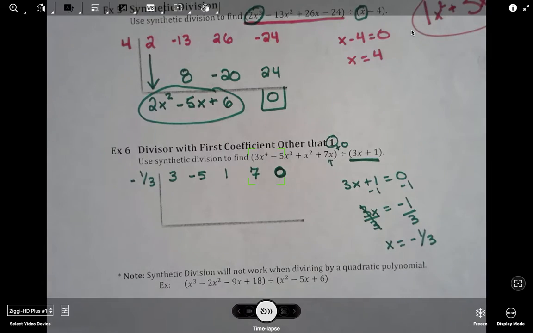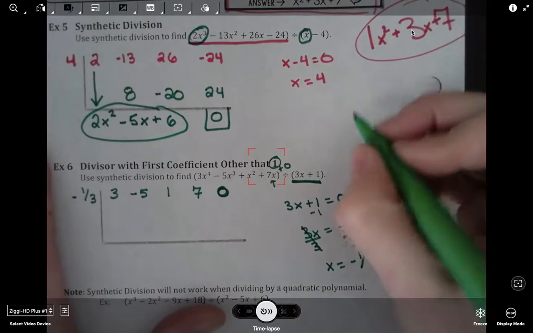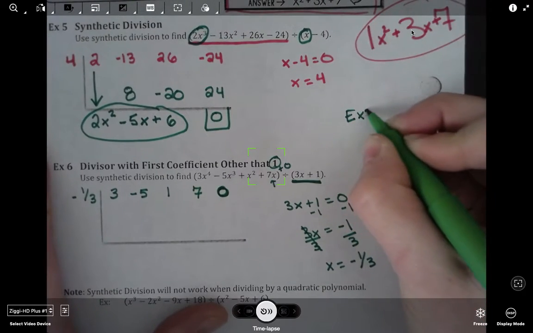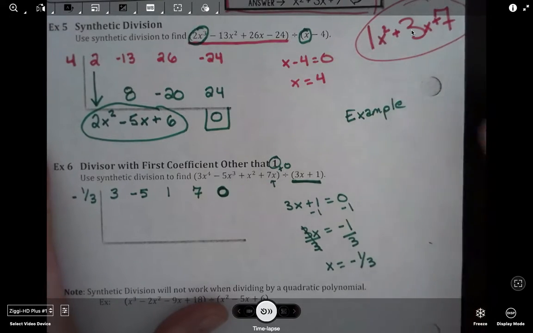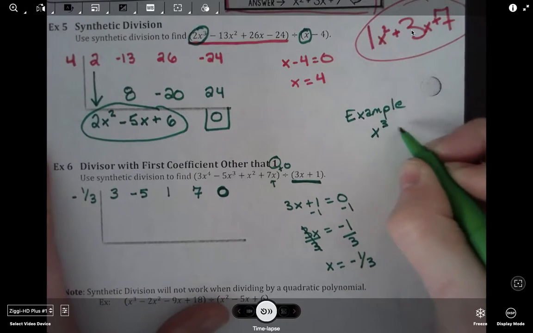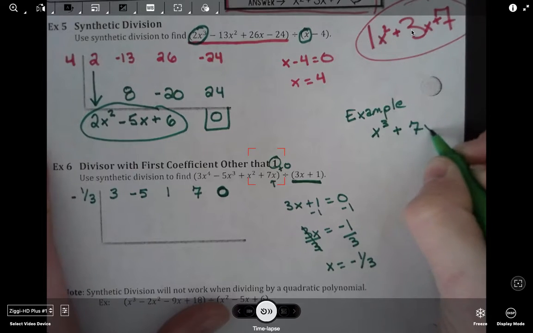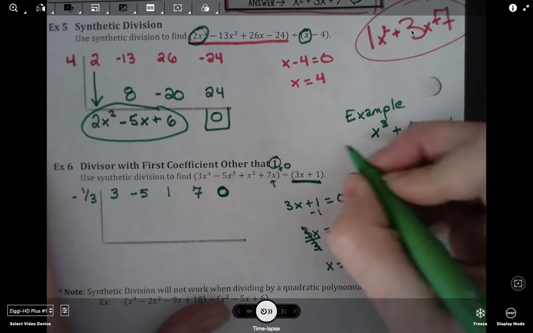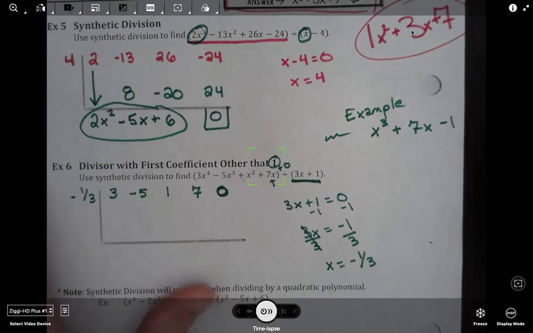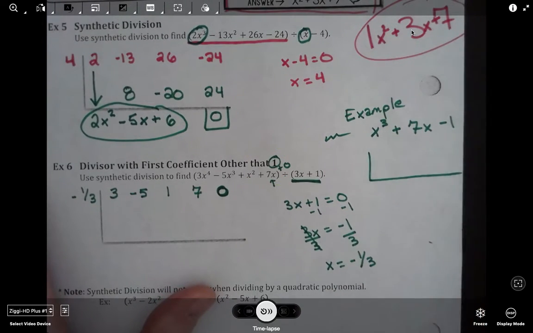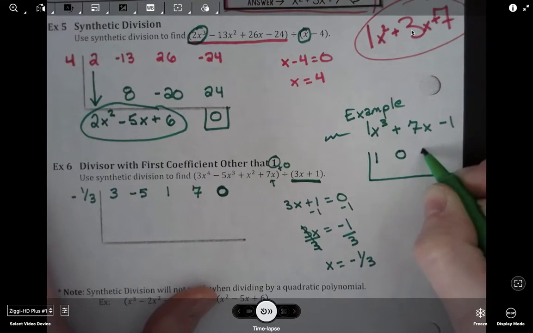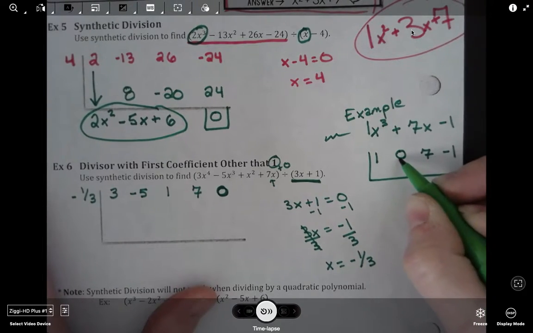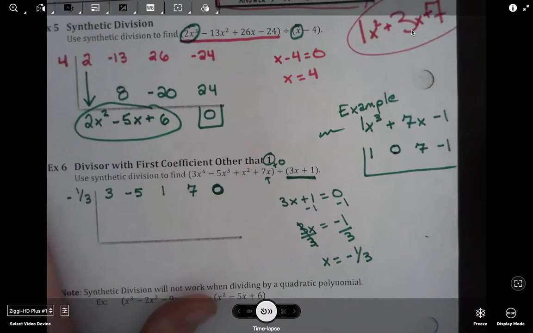I don't give any of them to you, but let's say, for example, I was taking x to the third plus 7x minus 1, and I was dividing that by something on the outside. My coefficients would be 1, 0, 7, and negative 1. Why is this 0 going in that place?